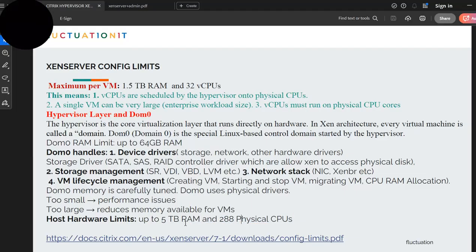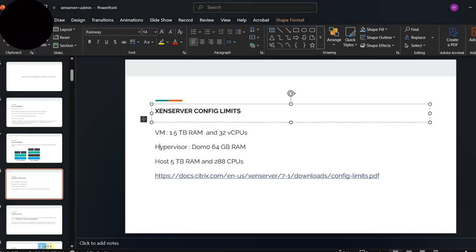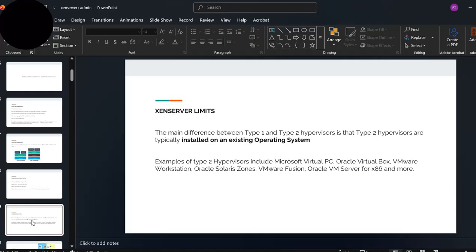Never go over this. And from this link you can read the details.